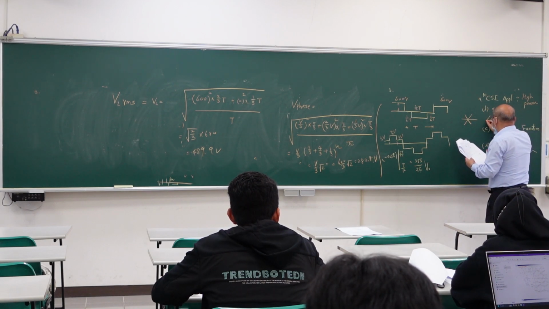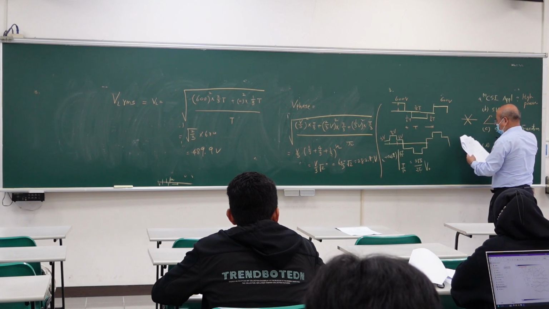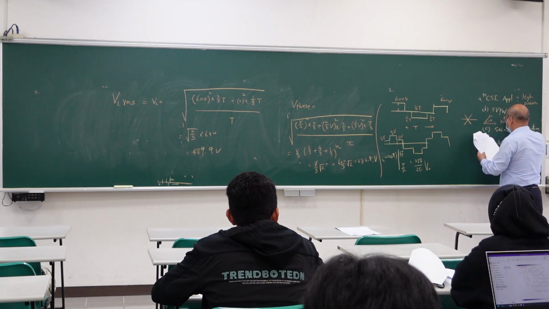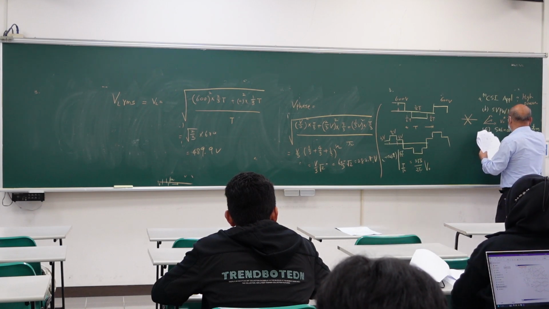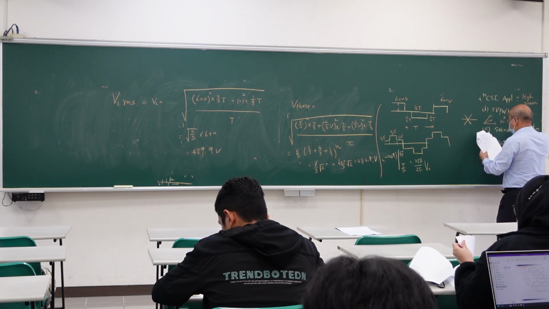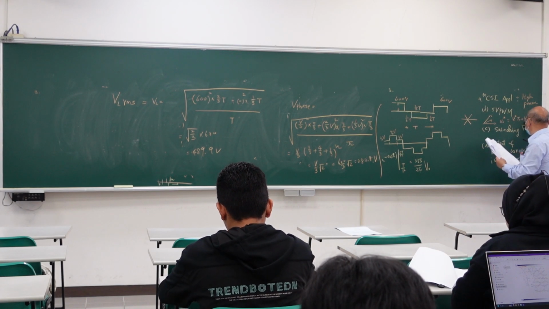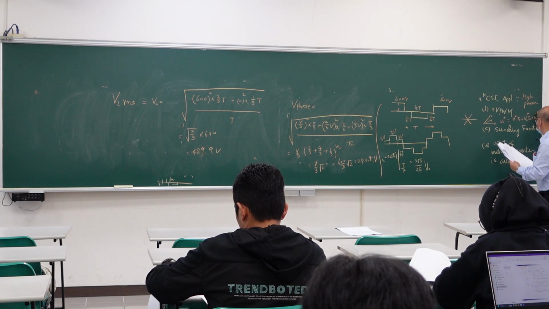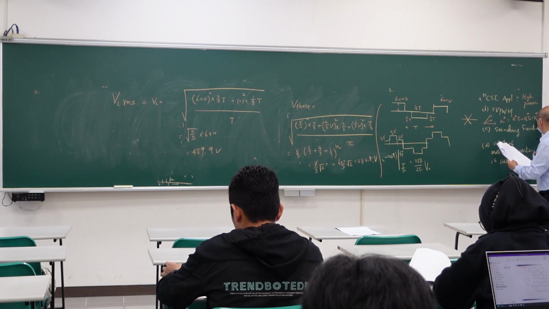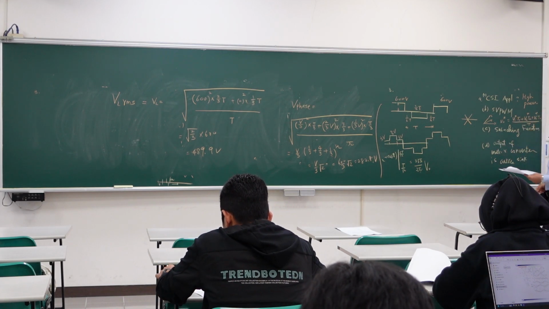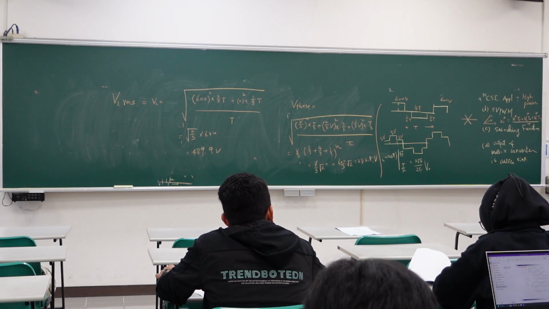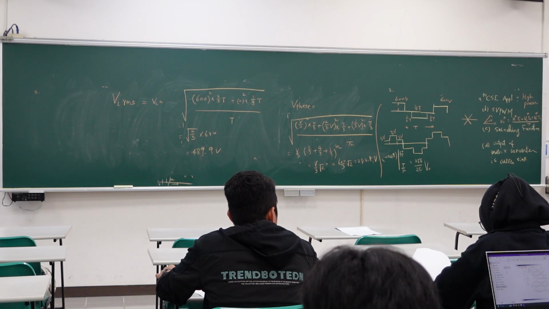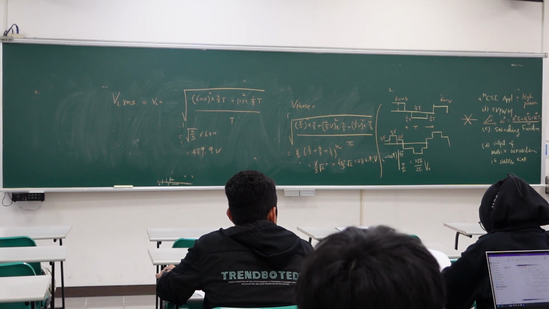In each region we use simple math to calculate V0 star, which is equal to V1 star T1 plus V2 star T2 plus V0 star T0, divided by T. Then we can use this method to do the space vector PWM modulation.